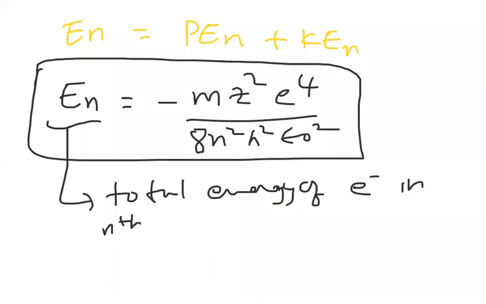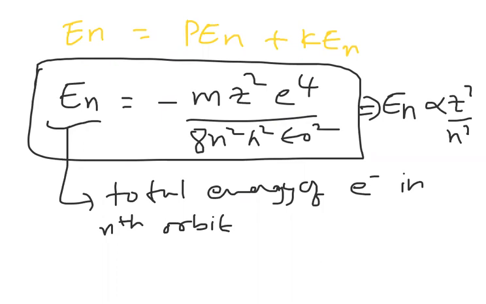This energy formula I can also write as En is proportional to Z square by N square. Further, I can replace this formula with the Rydberg constant and write minus RCH Z square by N square.